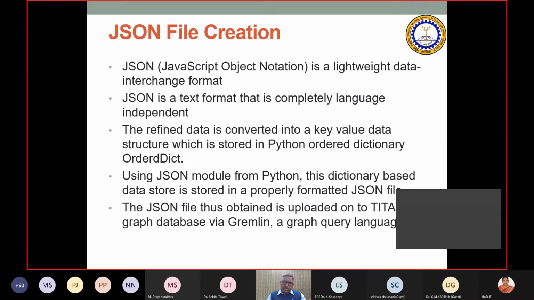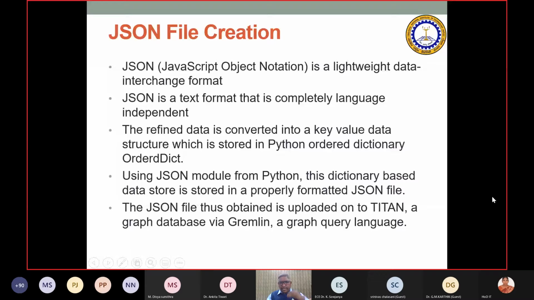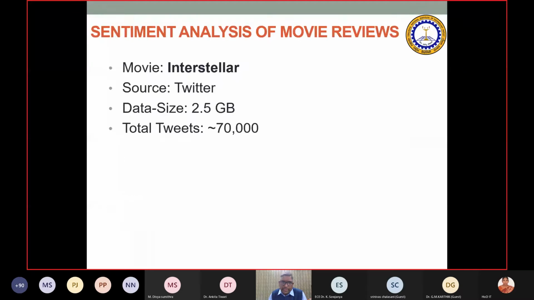This dictionary-based data store is stored in a properly formatted JSON file, and the JSON file is uploaded onto the Titan graph database via Gremlin. I was talking about Gremlin. Gremlin is the graph query language, like Hive is a type of query language for Hadoop. Gremlin was for Titan. Now, Titan can be installed on Hadoop, or Titan can also be installed separately.